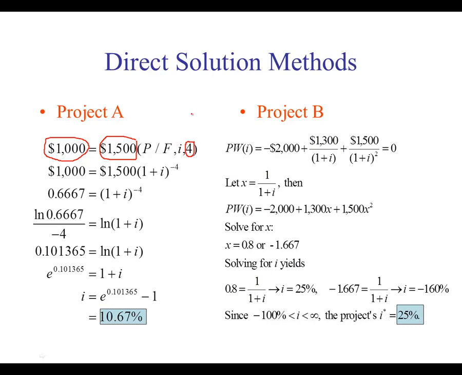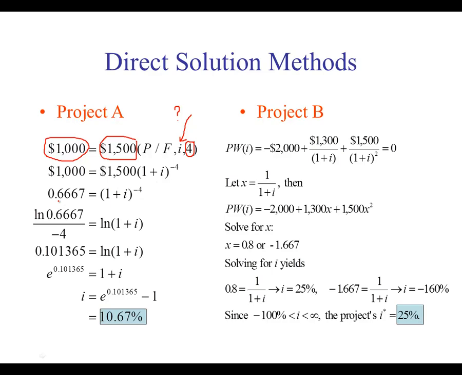And I'm trying to find the value of I. This is the rate of return. Now to do that, we use the formula, which is P is equal to F multiplied by (1 plus I) to the power minus 4. And this is the formula that we used since chapter 2.